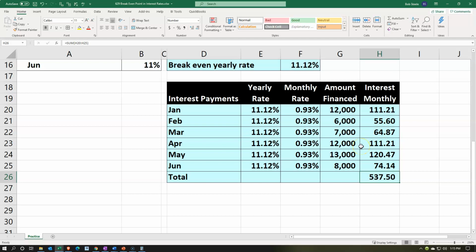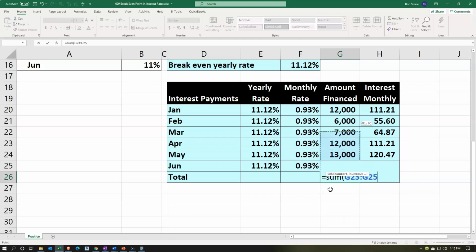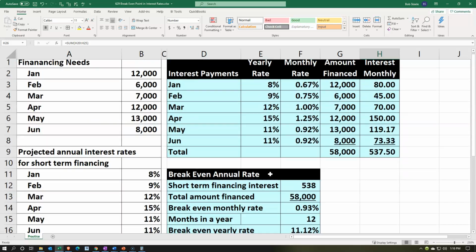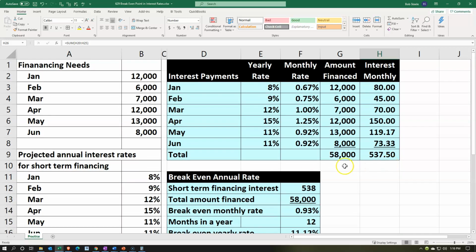So if we just used one rate to approximate this whole thing, the rate would be this 11.12 about. Let's go ahead and sum this one up as well, equals the sum. And let's put an underline here, Home tab, Font group, and underline. So there we have it, the 537.50 using the one fixed rate over this schedule, and the 537.50 at the approximated rates for the short-term financing.